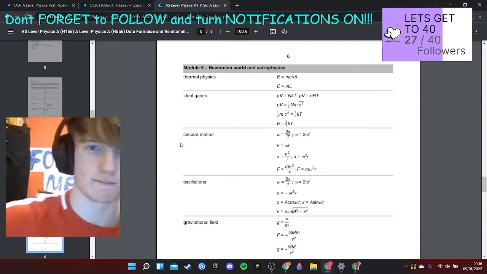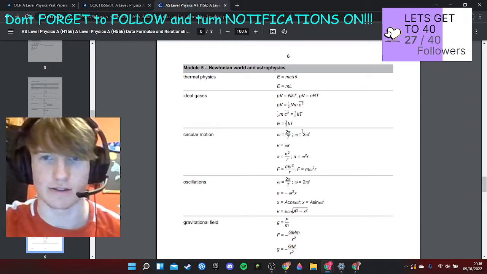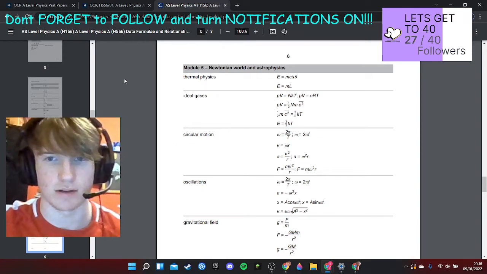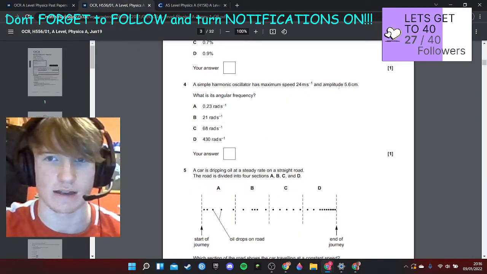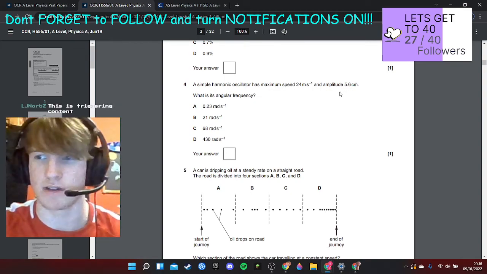So, I'm looking at this one right here, but it gives me the speed. I don't know if I have the radius. It gives me the amplitude, but I just don't know.